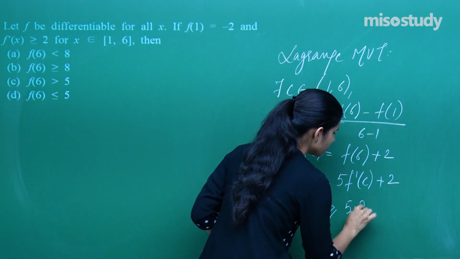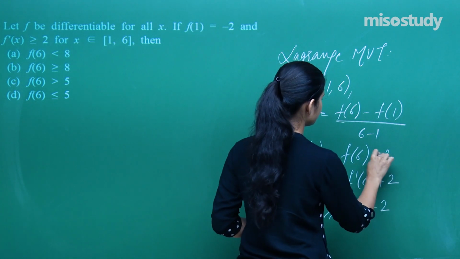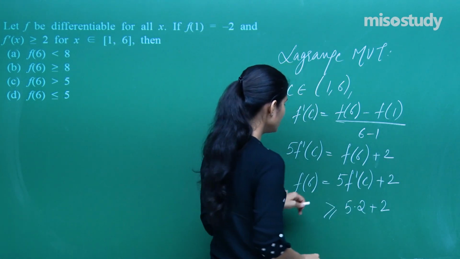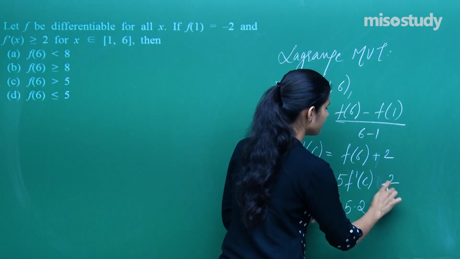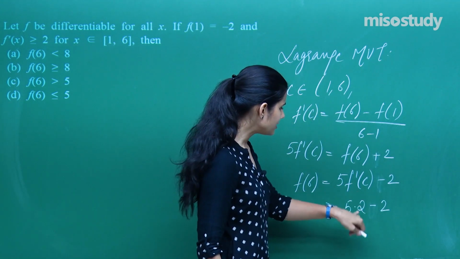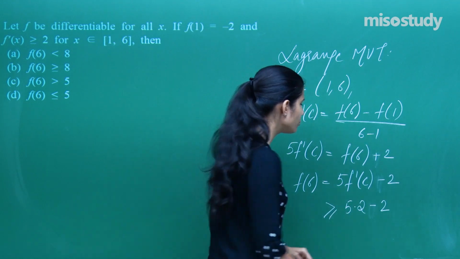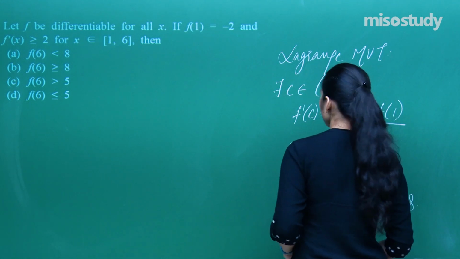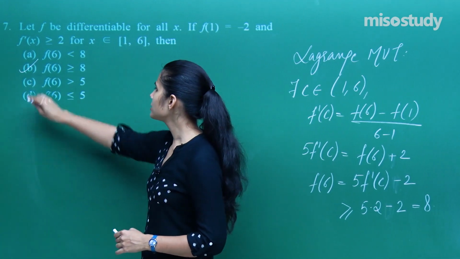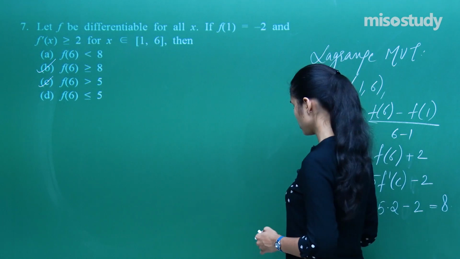So 5f'(c) plus 2 is greater than or equal to 5 into 2 plus 2, which is 12. So I am getting that f(6) is greater than or equal to 12. Obviously, if something is greater than or equal to 12, it is obviously greater than 5. So C automatically comes out to be true also.